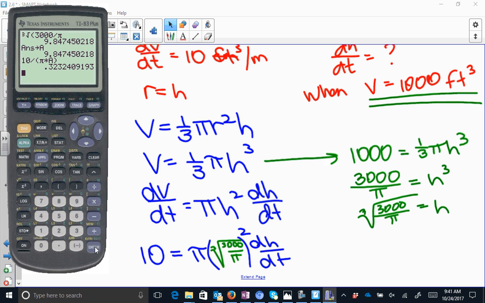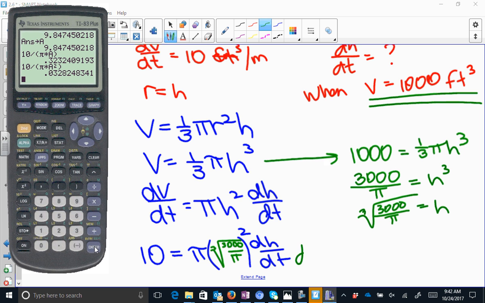Is it supposed to be squared? Yes, it is supposed to be squared. I wondered why. Better? Okay, squared. So that gives us that dH dt is 0.033.